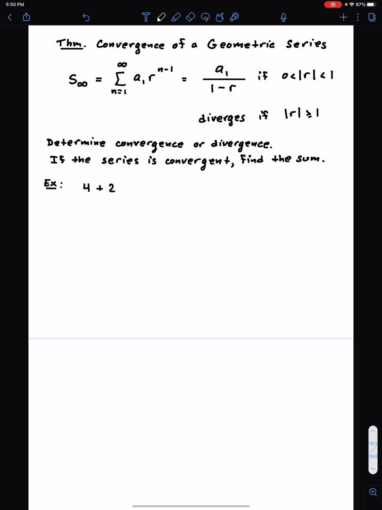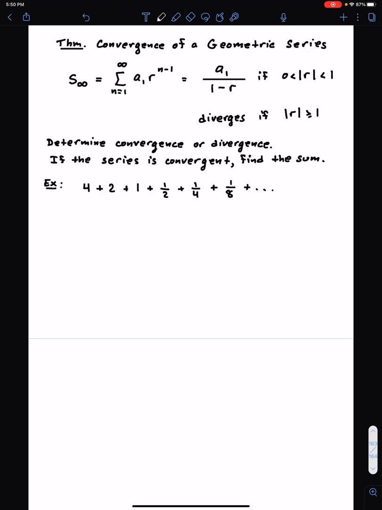Four plus 2 plus 1 plus a half plus 1 over 4 plus 1 over 8 plus that pattern continues.